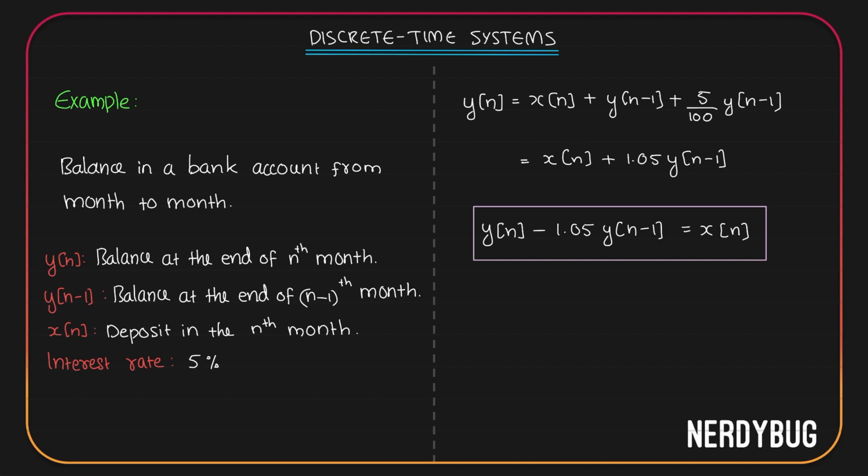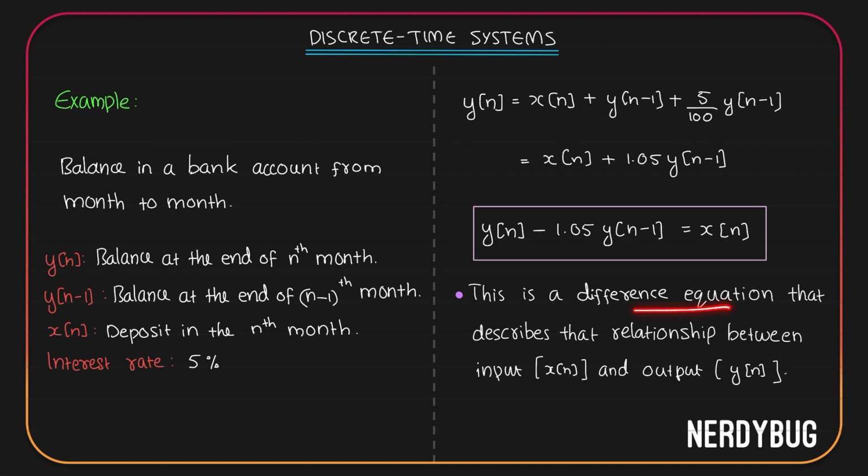We even calculated first difference. And this is actually a first difference equation because we are taking y of n minus y of n minus 1. So this is a difference equation that describes the relationship between input, which is x of n, and output, which is y of n. You can see x of n over here and y of n and its shifted version over here.